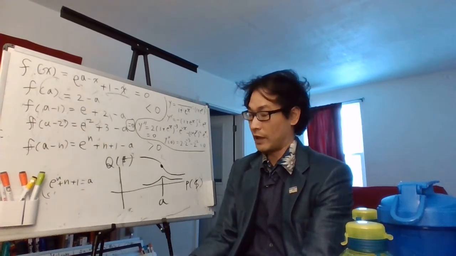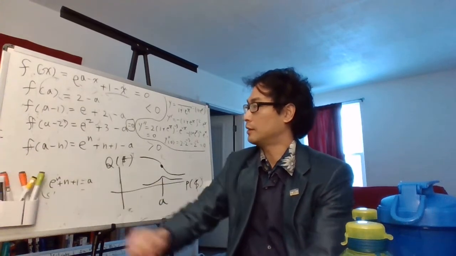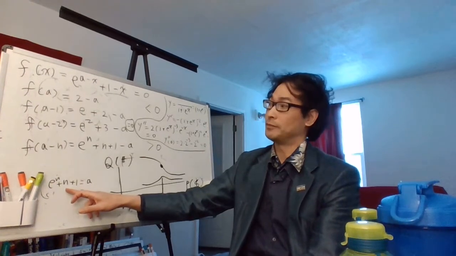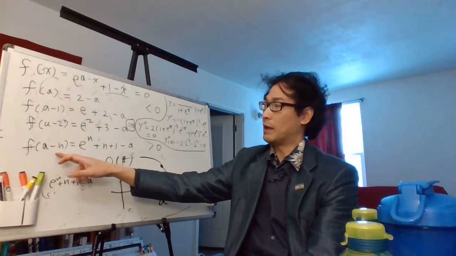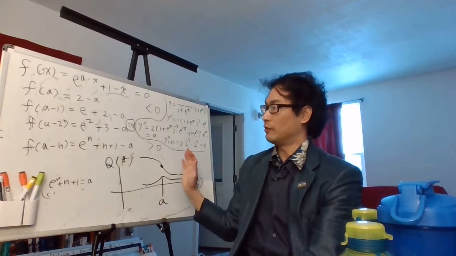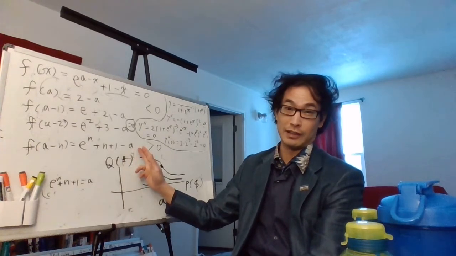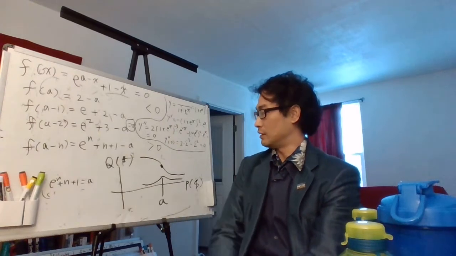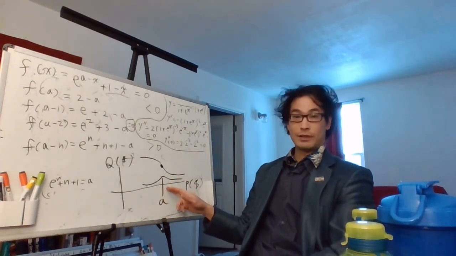So if a is a very big number, then n will be a very big number, right? That means a minus n will be a lot smaller than the number a. What it means is this: a is the middle income.